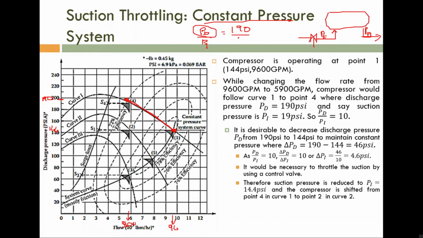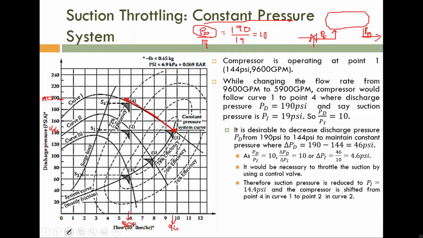For explaining purpose, assume that PI is constant. For the time being, PI is constant and that PI is 19 psi. So the compressor ratio is 10, meaning the compressor ratio is increased from some value to 10 due to the decrease in flow rate.